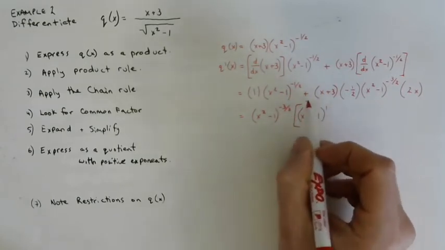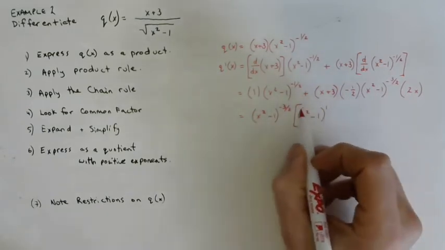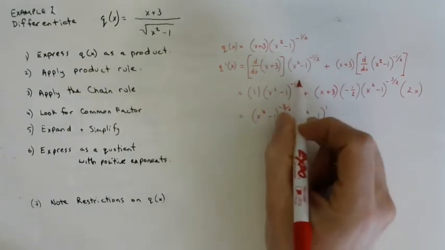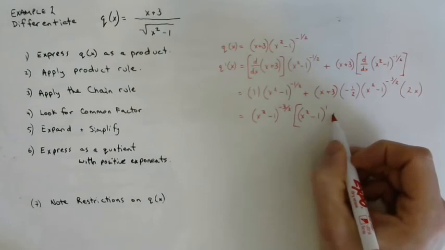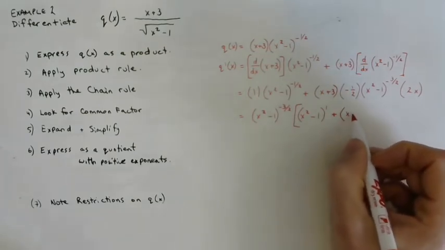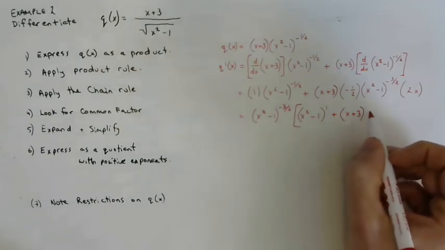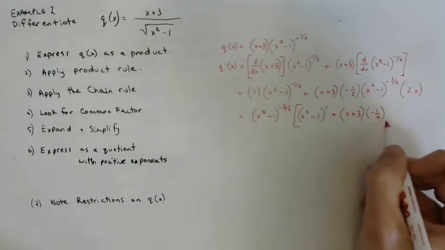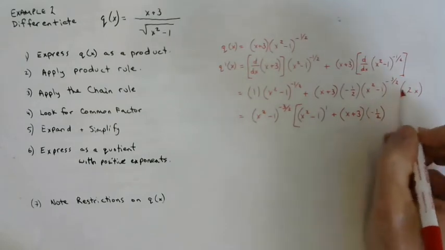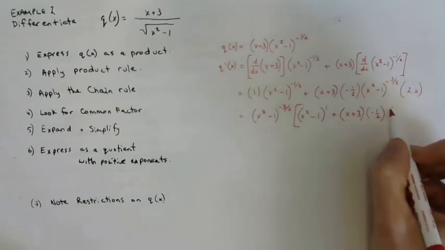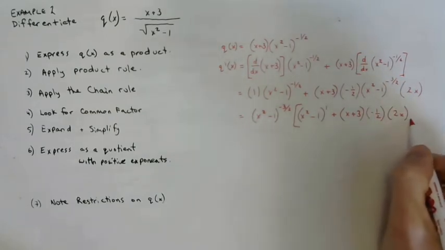Negative 3/2 plus 1 is negative 1/2. So that's all that's left from this first term. And then we're going to add and see what's left in the last part. We've got x plus 3, negative 1/2. This whole thing is gone, and we still have a 2x.